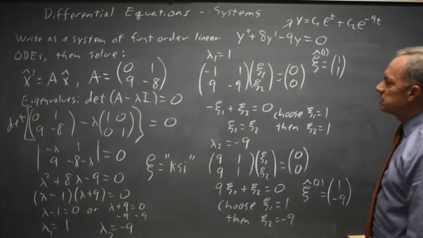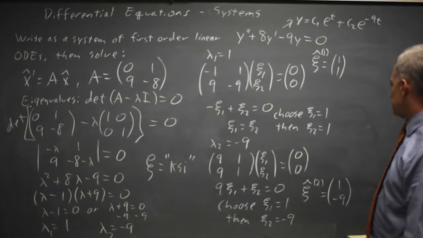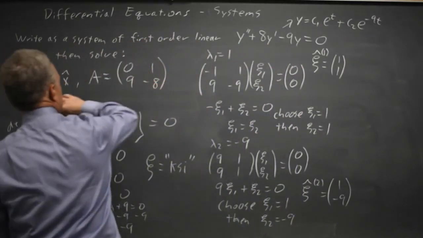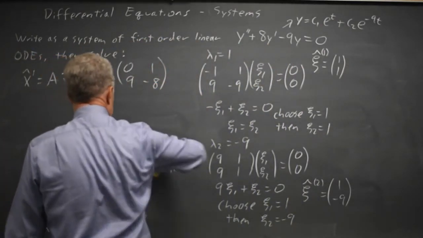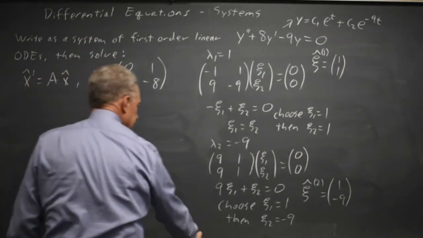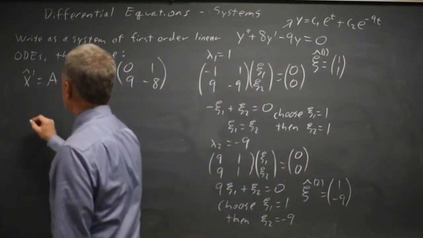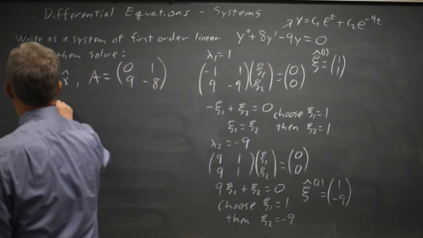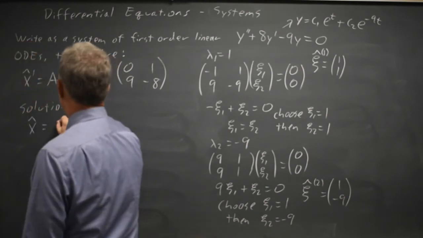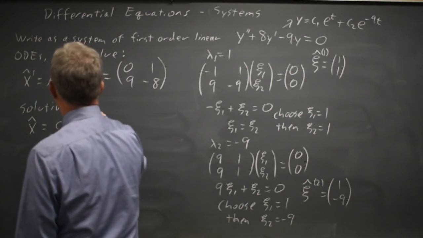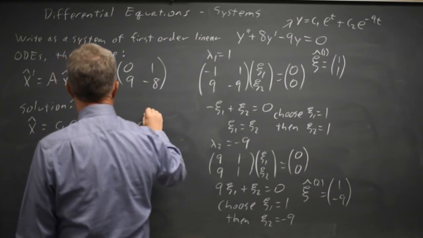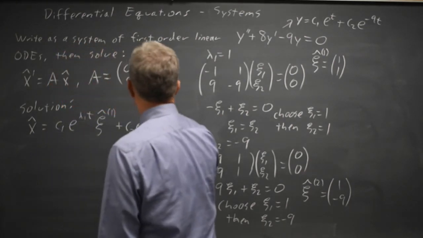Now that I have these eigenvectors, let me erase this part so I have some board space. My solution is going to be vector x, which is the solution, is c1 e to the lambda 1 t eigenvector 1 plus c2 e to the lambda 2 t eigenvector 2.